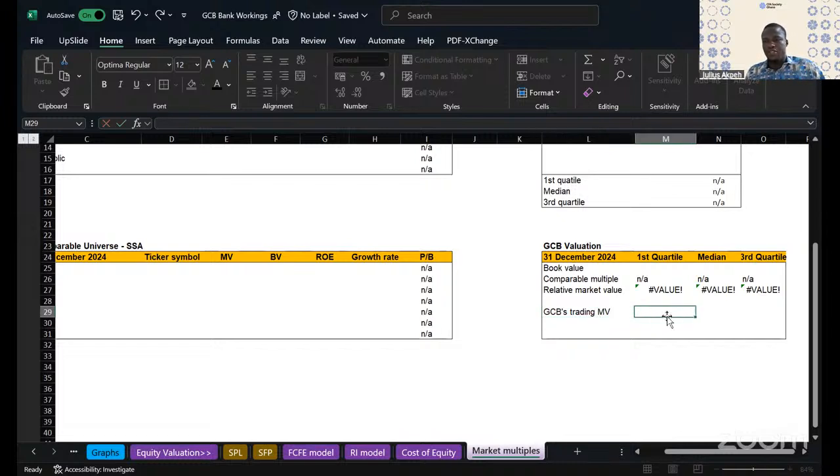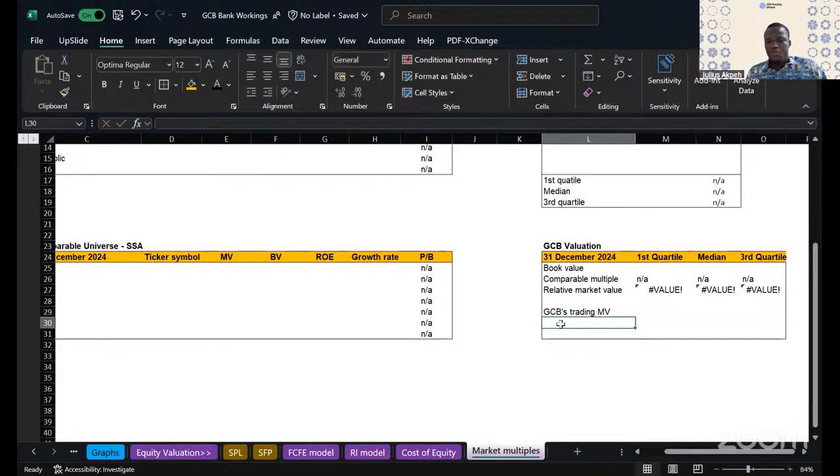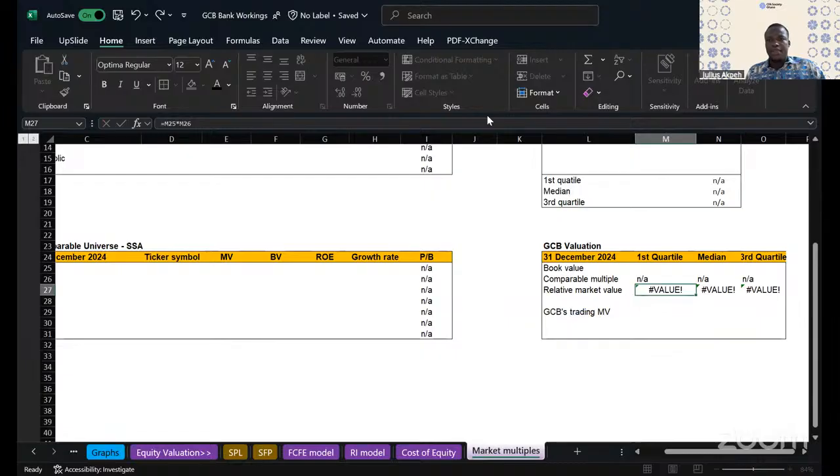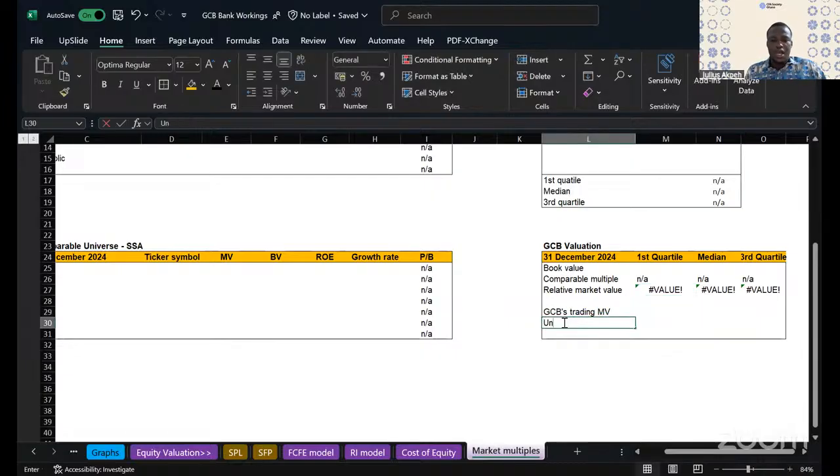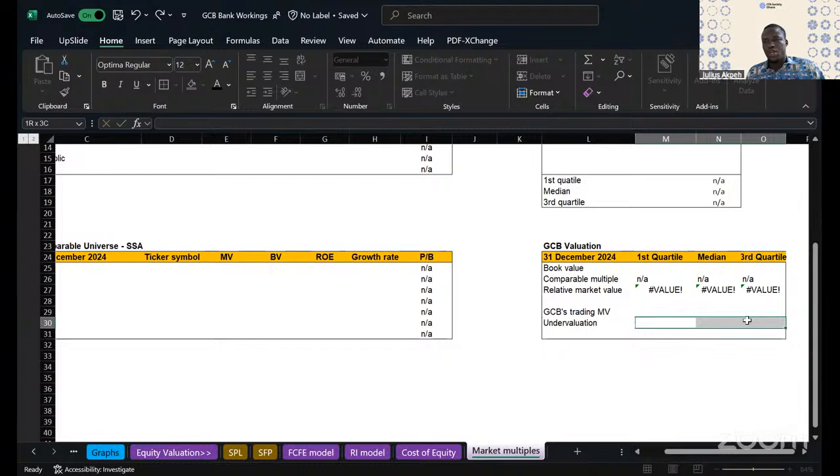And so you get GCB's trading market value here as well. Then we can determine whether it's undervalued or overvalued. Undervaluation, and we'll include yes or no here.